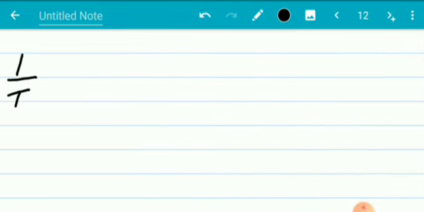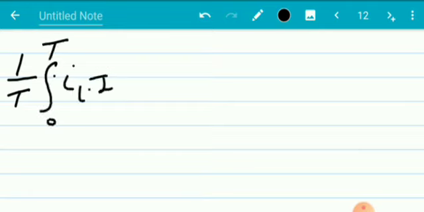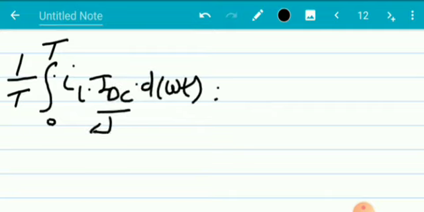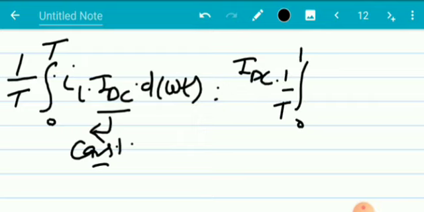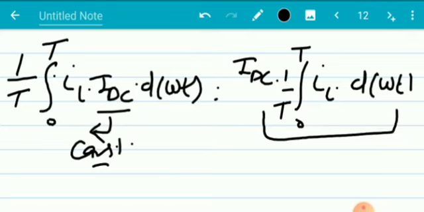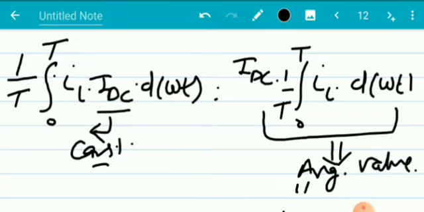Okay, and now the third integration, 1 by T, 0 to T, IL into IDC d omega t, will be equal to, as we solved in the previous case, IDC is a constant quantity, so we will take that out. IDC times 1 by T, 0 to T, IL d omega t, and that value is the average value of the load current, or also the IDC.